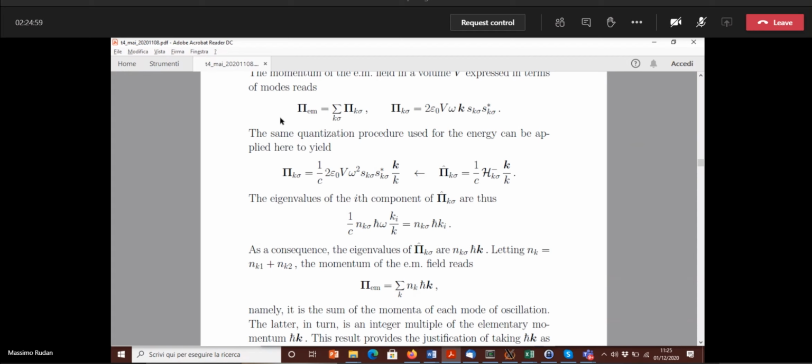Okay, the Poynting theorem is a theorem of conservation of the energy. The Poynting theorem is based on this consideration. If we have a region of space in which we have both particles and the electromagnetic field, and the particles interact with the electromagnetic field, they exchange energy.